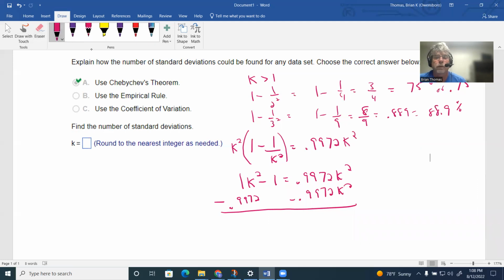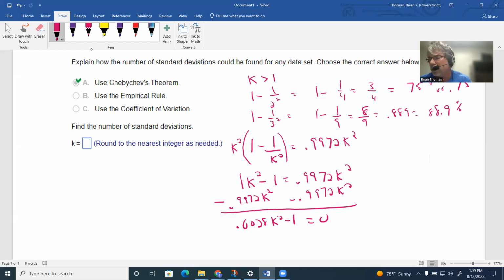All right, so that's going to be that. Since you have like terms, I can subtract the coefficients. On my calculator, I'm going to go 1 minus 0.9972. And that's going to give me 0.0028. So 0.0028 K squared minus 1 is now going to equal 0.